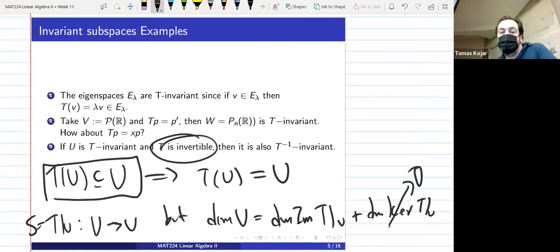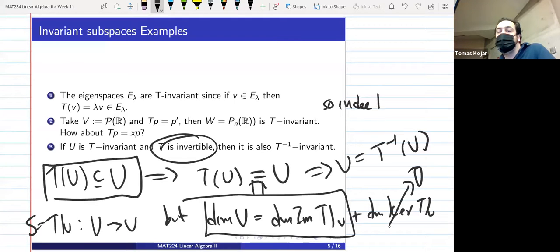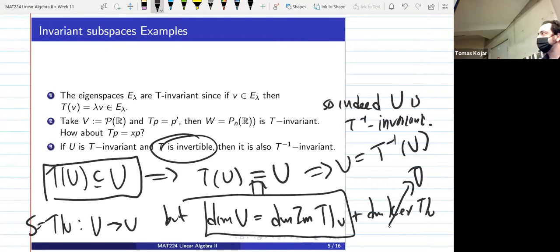And so you get that the image dimension and the dim U are equal. So they're the same subspace. And from here, you just take inverses. So indeed, U is T inverse invariant. Okay. Happy? Beautiful.